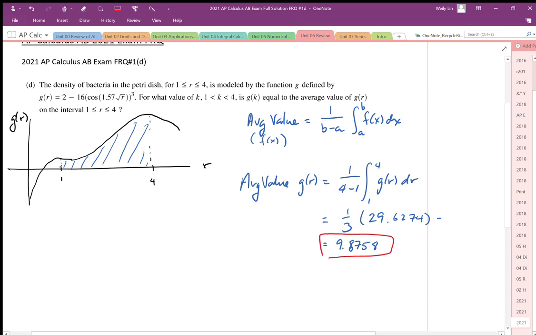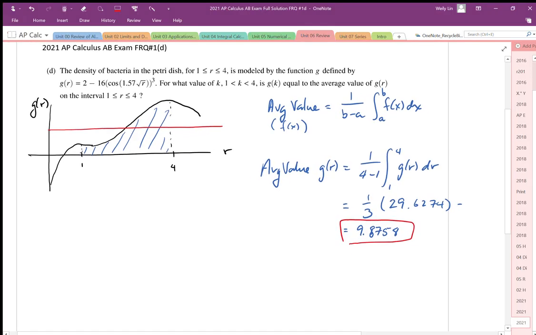When I sketch this graph, it cuts in somewhere around here. It should give me an average value between 1 and 4 that's about the same. So that's my average value.